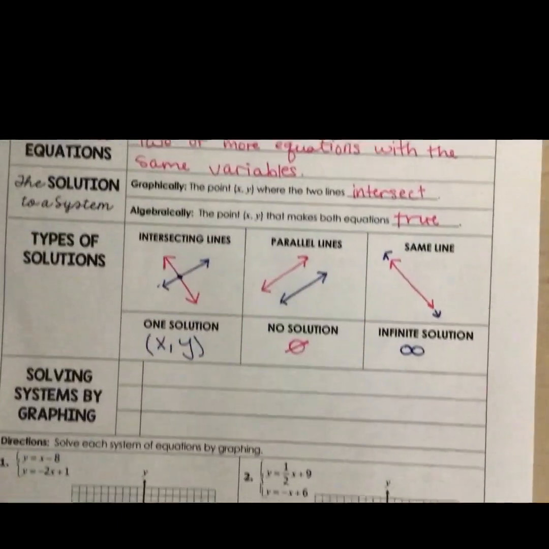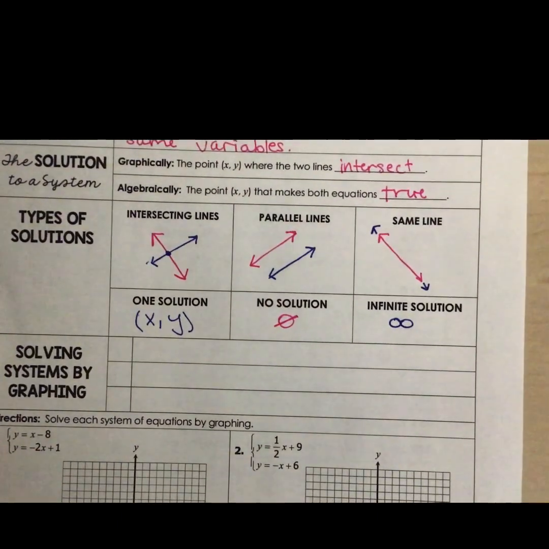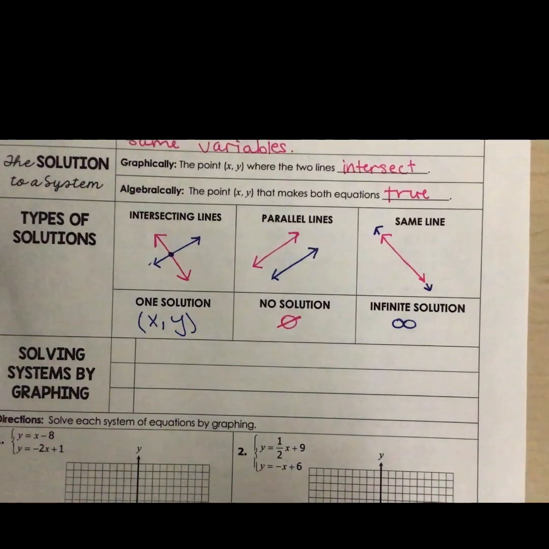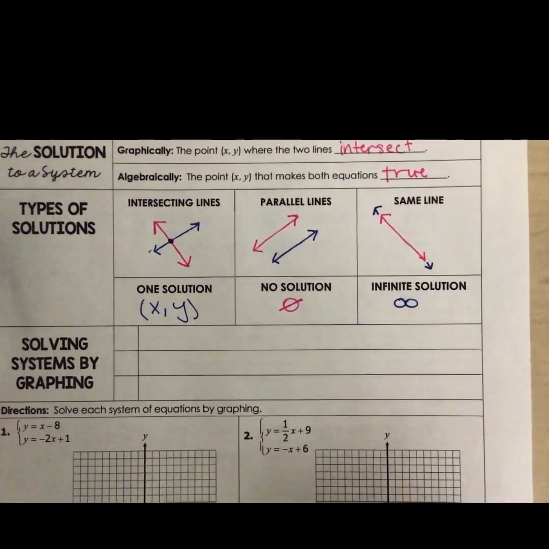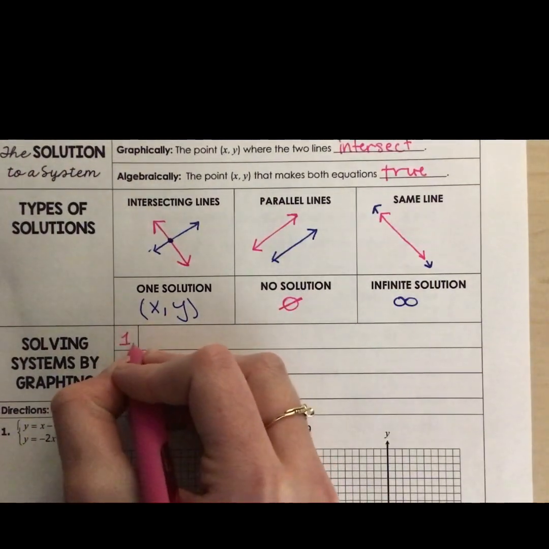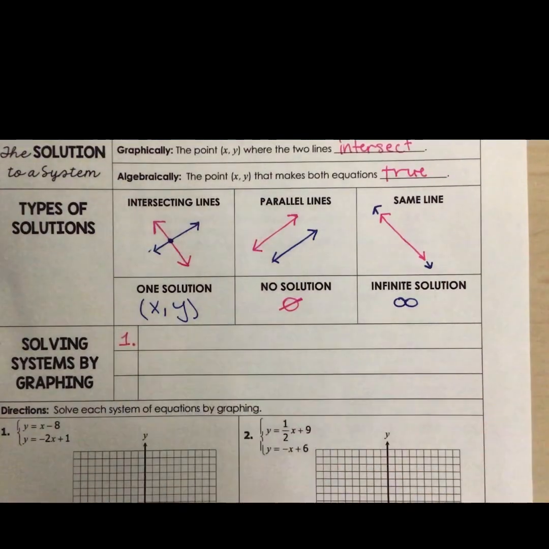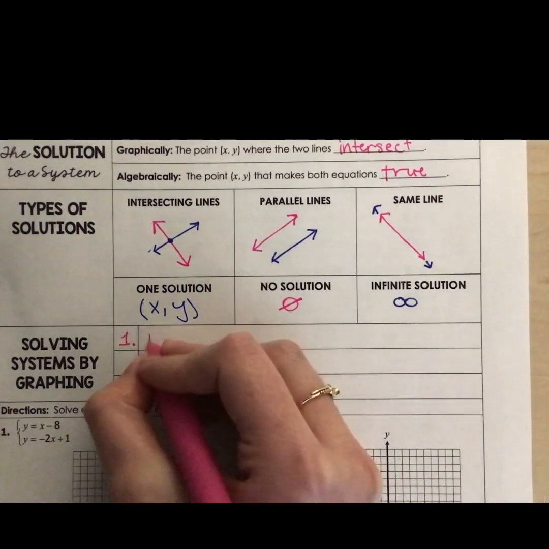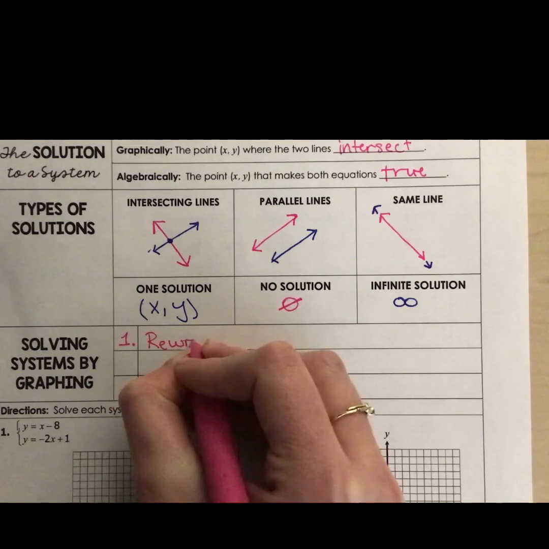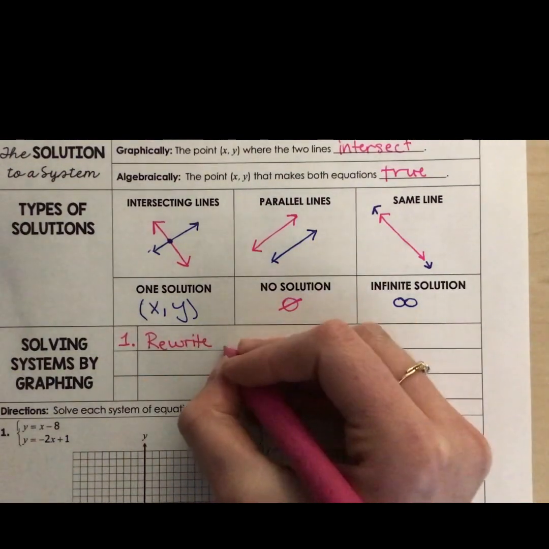So now we want to solve these systems of equations by graphing them for today. And so to do that, we have three steps we're going to follow. The first step is to rewrite those equations in slope-intercept form if they are not already in that form.